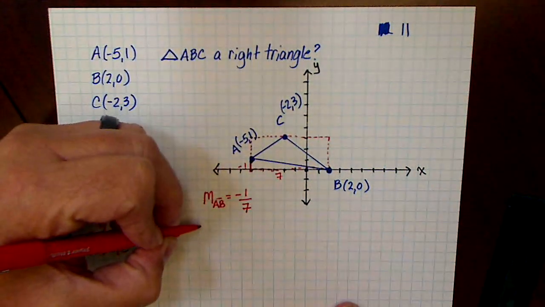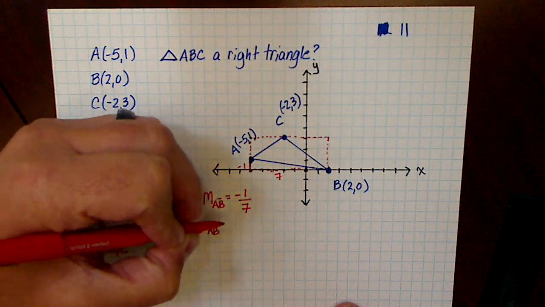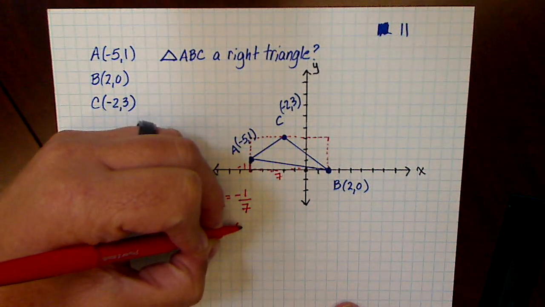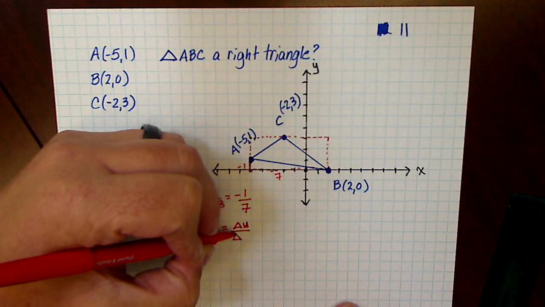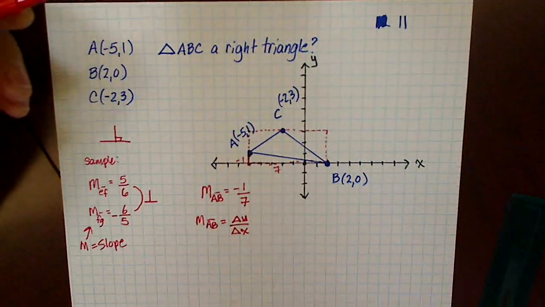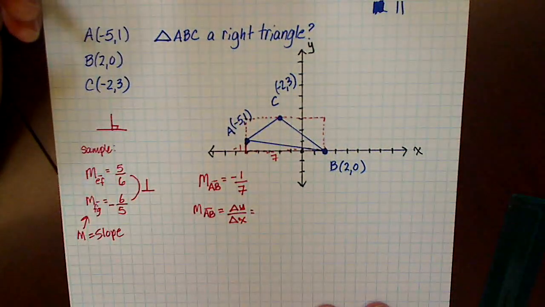I could also show that by using a change in the y values over a change in the x values. Remember, that little triangle means delta, which means change, which means subtract.